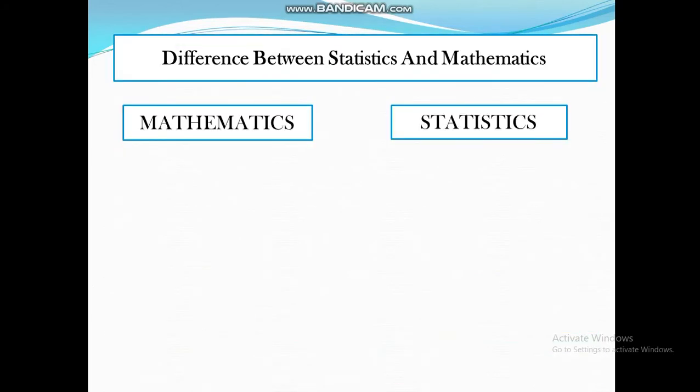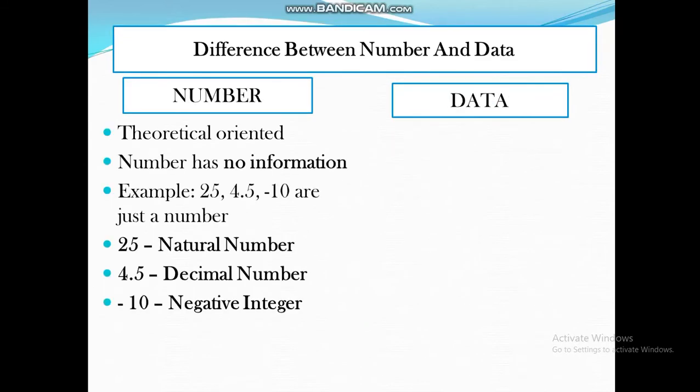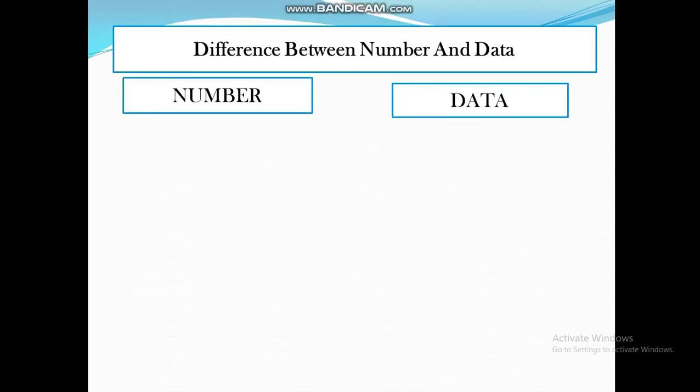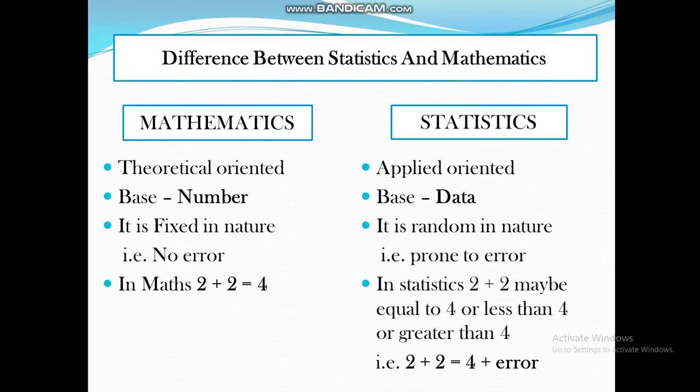Next we will see the difference between statistics and mathematics. Mathematics is theory oriented, and the base of mathematics is number. But statistics is mainly application oriented, and the base of statistics is data.